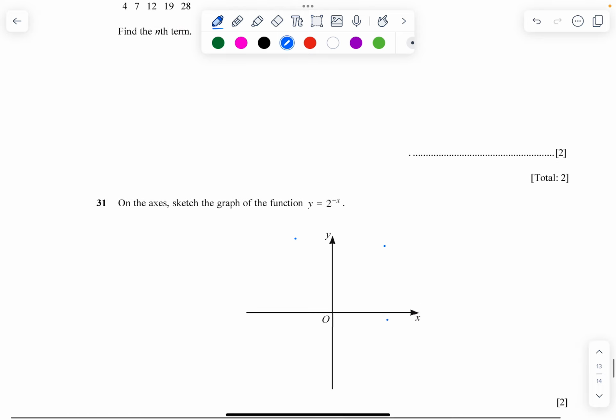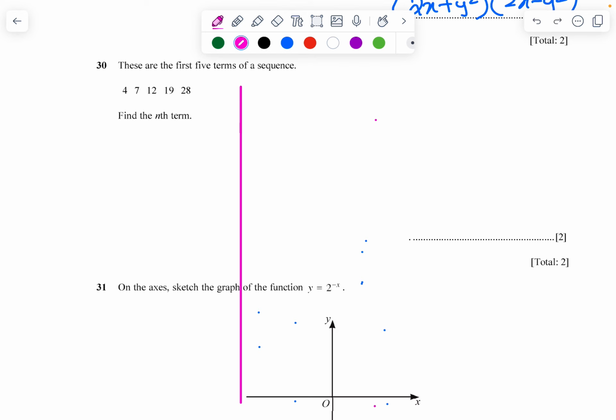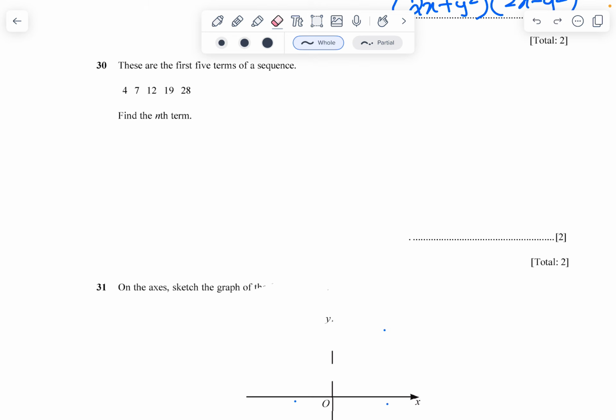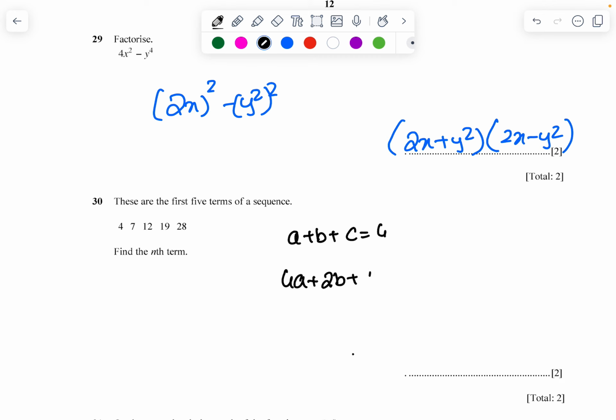Question number 30. Find the nth term. So again, over here, just like last time, a plus b plus c equals, so I simplify that and write a plus b plus c equals 4, and 4a plus 2b plus c equals 7, and 9a plus 3b plus c equals 12.